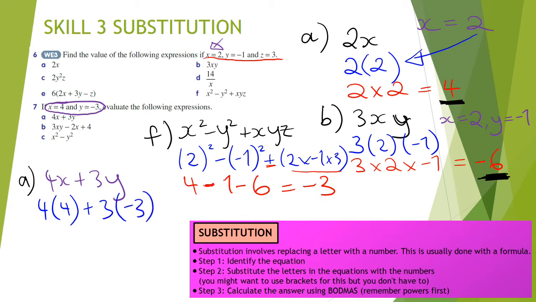If we work these out, 4 times 4 is going to give 16, and then 3 times -3 gives -9. So we're taking away 9, which leaves us with 7 as our final answer for that expression.